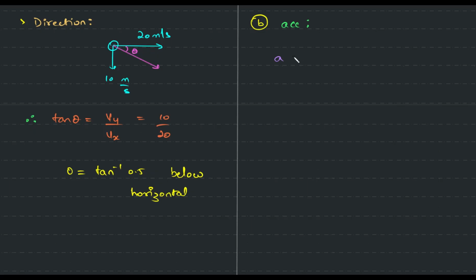There is only one acceleration, that is 10 j cap meter per second square. Sorry, minus 10 j cap meter per second square. So the object is not getting accelerated along the x-axis. We just have the y-axis and it is pointed downwards. So then we have minus 10 j cap meter per second square.